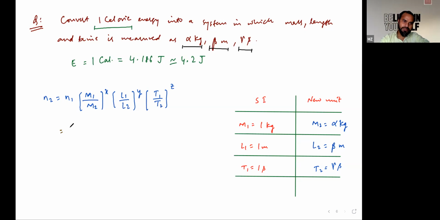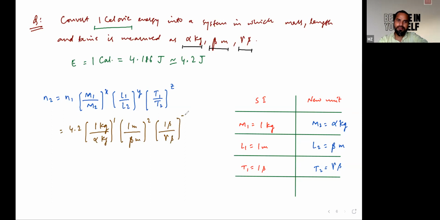So we have N1, which is equal to 4.2. M1 is 1 kg divided by alpha kg to the power 1. Length is 1 meter over beta meter to the power 2. And time is 1 second over gamma second to the power -2.